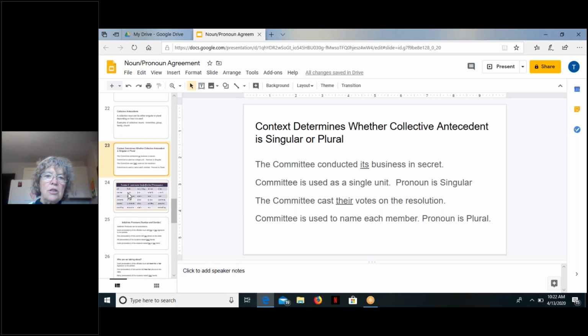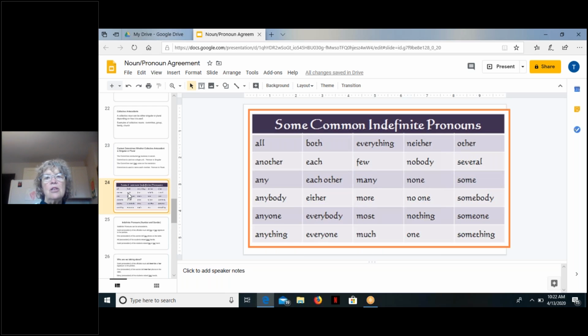Here's a little chart for my next subject, which is common indefinite pronouns. Indefinite pronouns, I think, are kind of hard because they are pronouns found in our written language, and they refer to something definite, but what is definite is usually something that's not named.